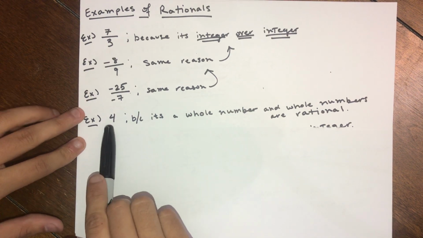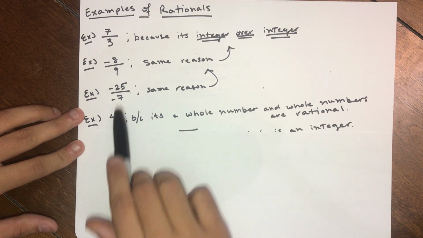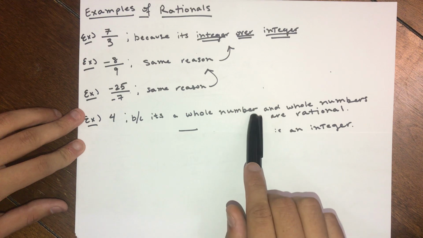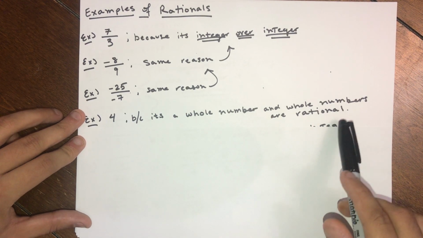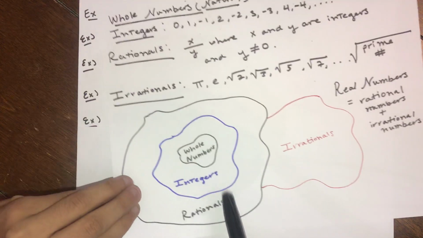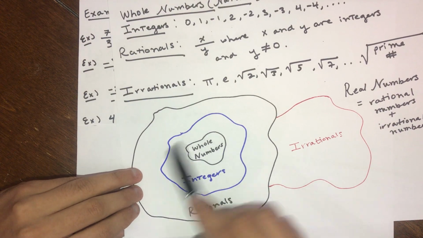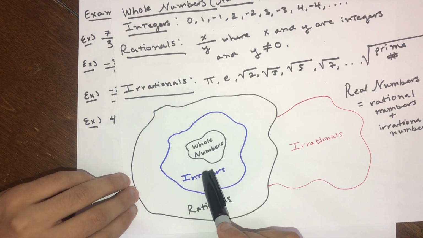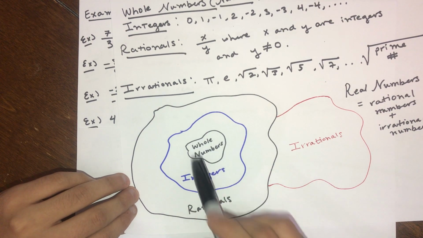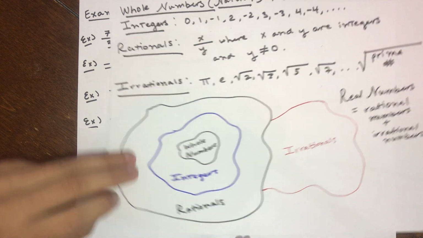And just 4 by itself is a rational number because it's just a whole number. And we know that the whole numbers are rational, right? On the little map, we saw that the whole numbers live inside the integers, which live inside the rationals. So that means that the whole numbers and the integers, the entire set, are rational, okay?